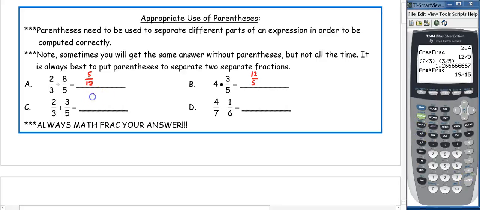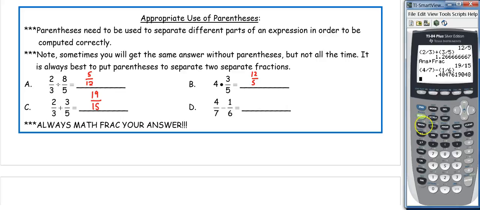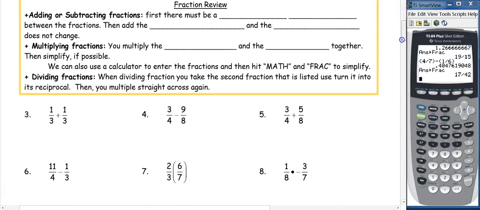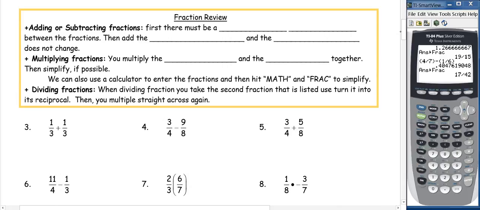So our fraction would be 19/15. D, our fraction is parentheses 4 divided by 7 minus parentheses 1 divided by 6, enter, and then math, enter, enter to get our fraction. So we have 17/42.